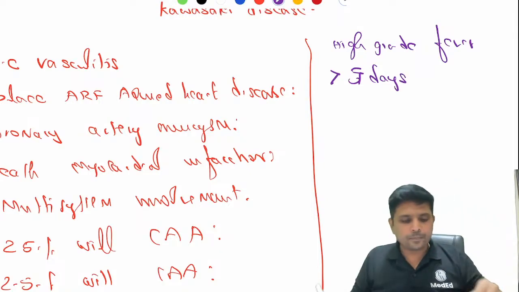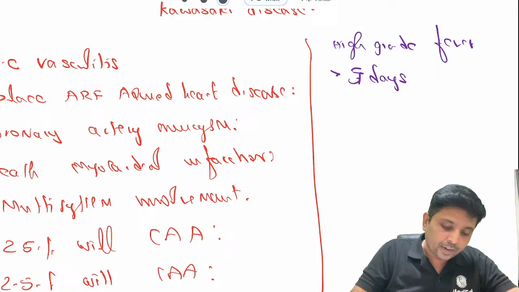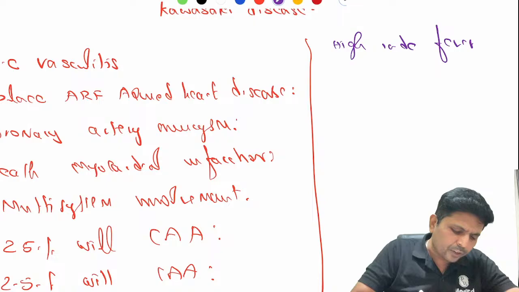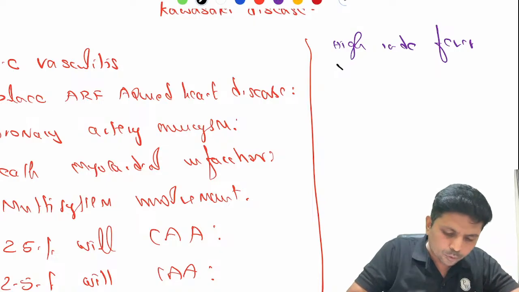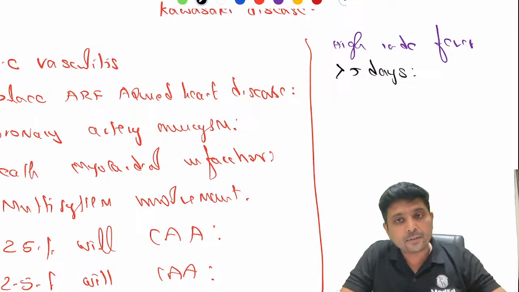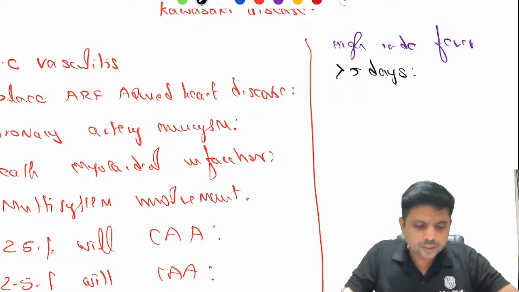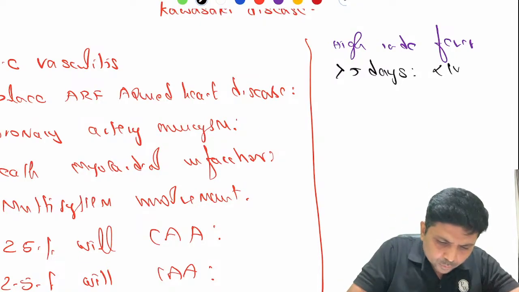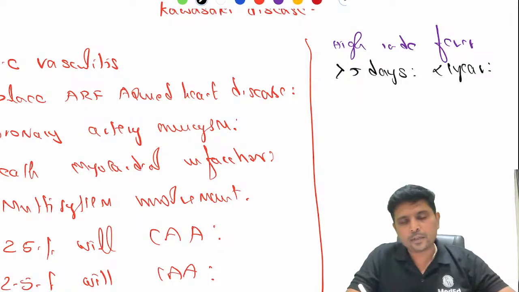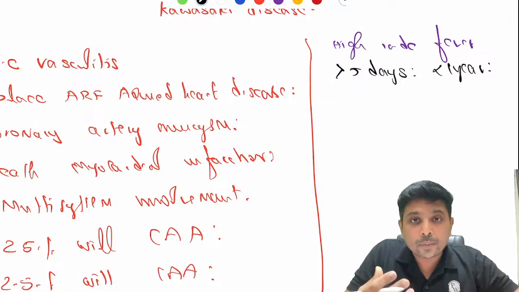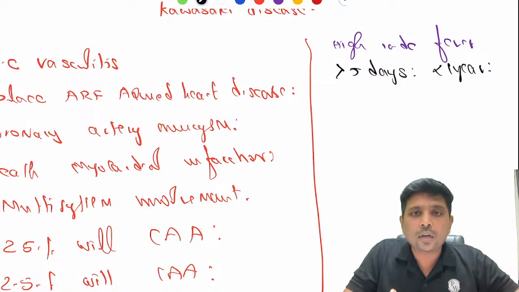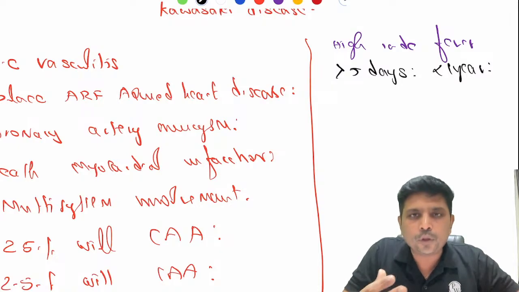High grade fever lasting for more than 5 days in any infant less than one, think about Kawasaki. But you need to have certain points to say whether it is a Kawasaki.